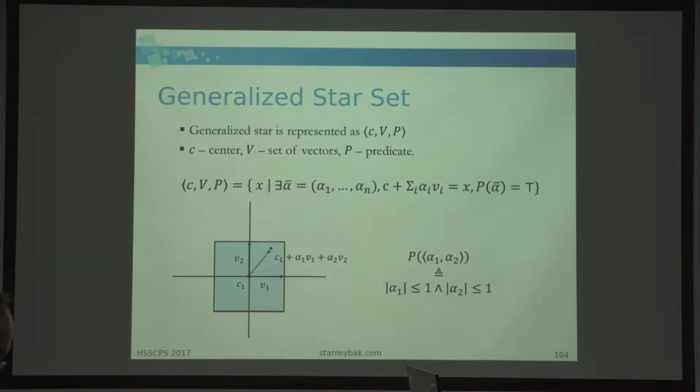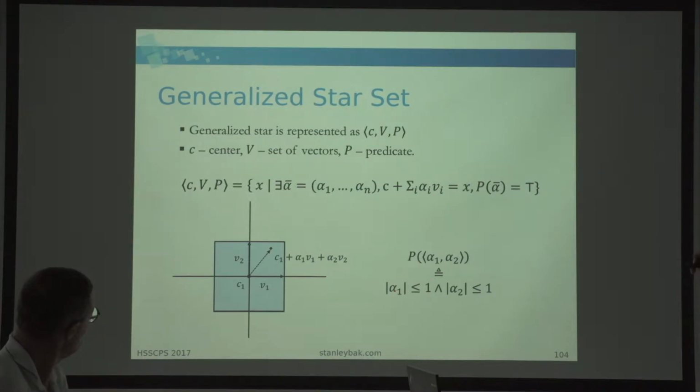So here's a generalized star set where the center is the origin. The set of vectors are the unit vectors in the directions of the axes. And the predicate is on the multiples of each vector: do those multiples satisfy a certain property? So in this case, if you take alpha1 times v1 plus alpha2 times v2, add the center, you'll get a point.